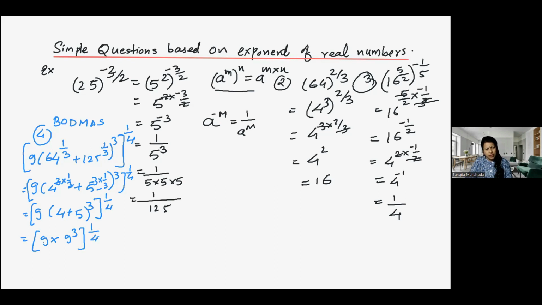Here the base is same. Which law is useful? a raised to power m into a raised to power n is equal to a raised to power m plus n. So 9 raised to power 1 plus 3, that is what? 4 raised to power 1 by 4. That is 9 raised to power 4 into 1 by 4. 4 cancels. Answer is 9.